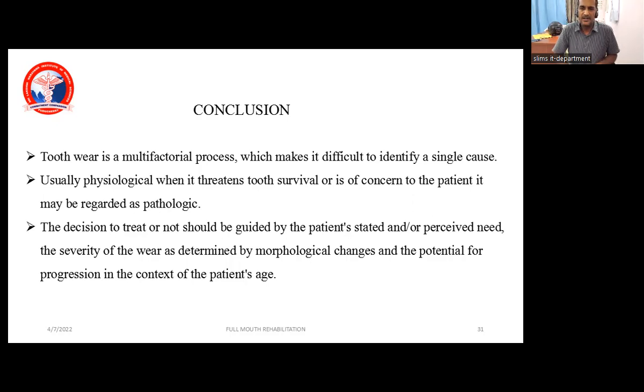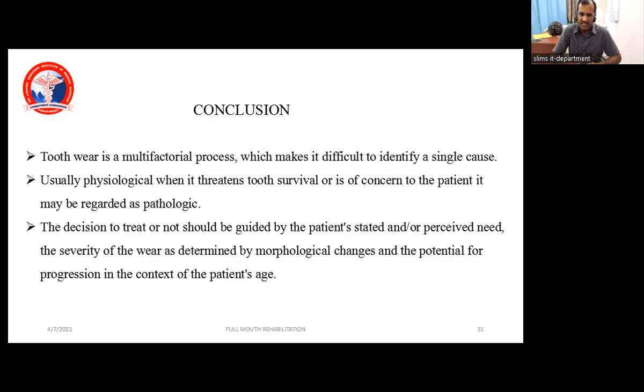Now, before going to the maintenance part, one thing is, before venturing into any treatment technique, the decision to treat or not to treat should be guided by the patient's state or the perceived need. The real need is the utmost important. That is one saying, an index for treatment, the necessity for the treatment.